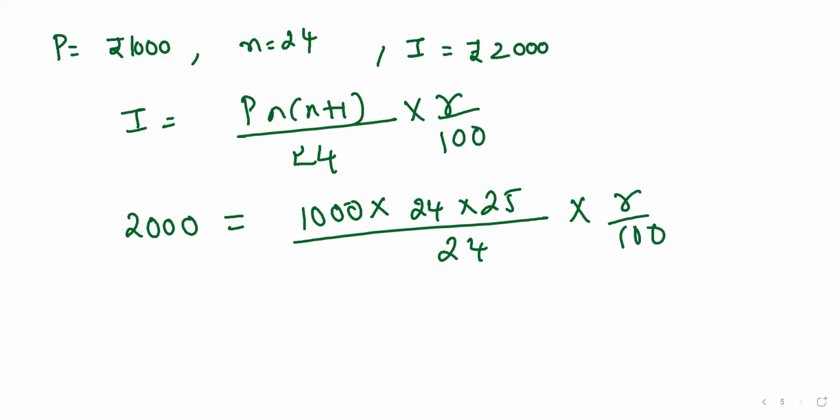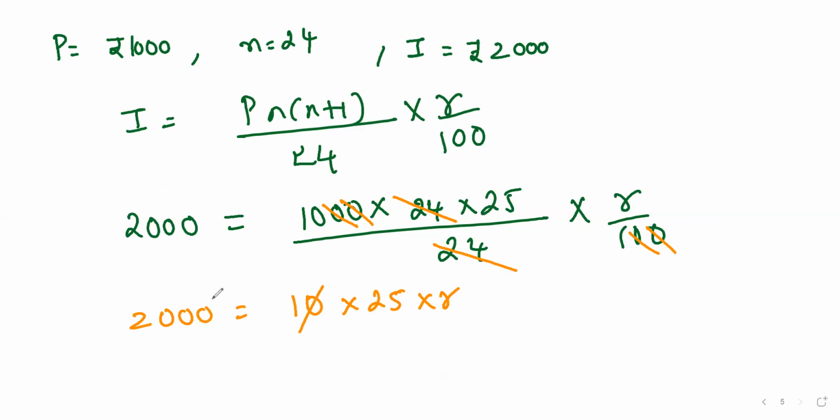So let's cancel out whatever we can and make it clear. 24 and 24 will cancel. 2 zeros in the 100, and from 1000, 2 zeros. So 2000 is equal to 10 into 25 into R. Denominator, you don't have anything. It's 1, so you can ignore it on the right hand side, isn't it?